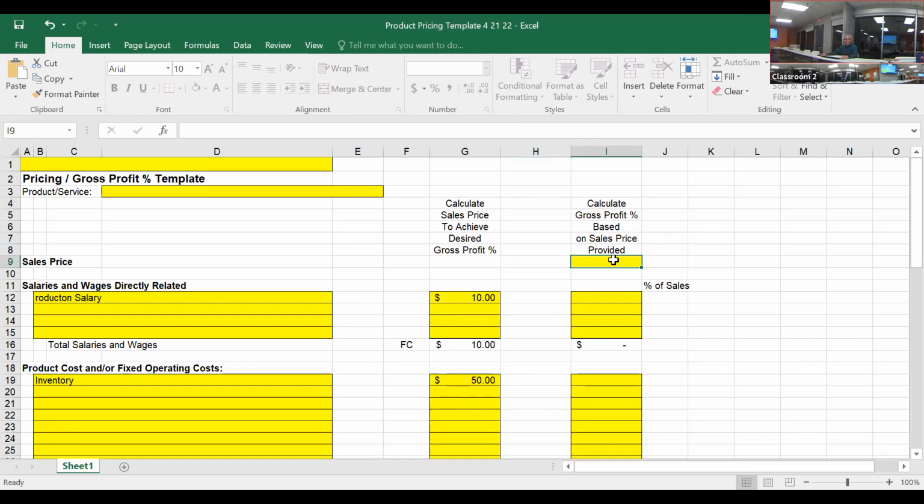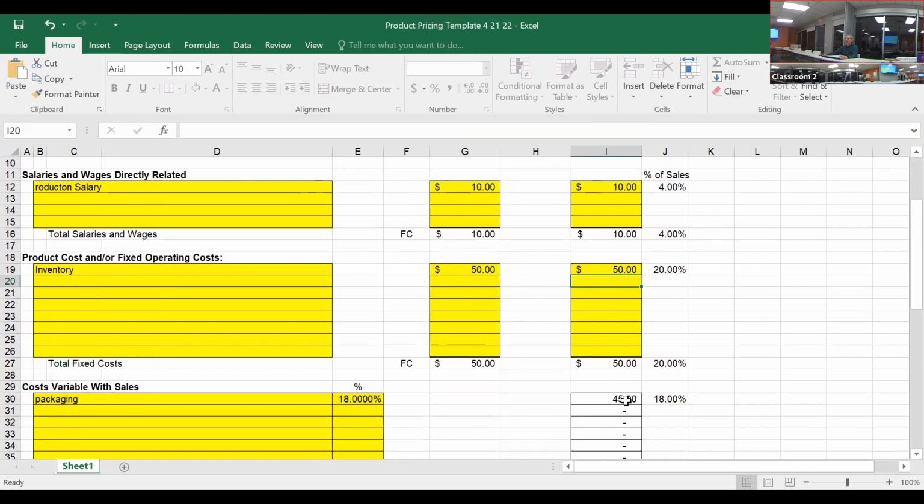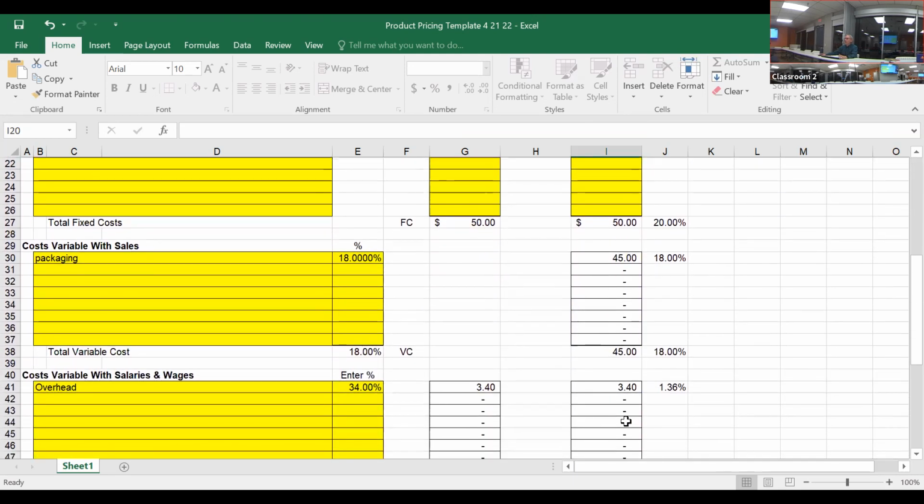So here, let's take a number of $250 for a product, and we know what the inventory costs are, so we can enter that information. It's already calculated for us what the packaging costs are and what the other variable costs are.